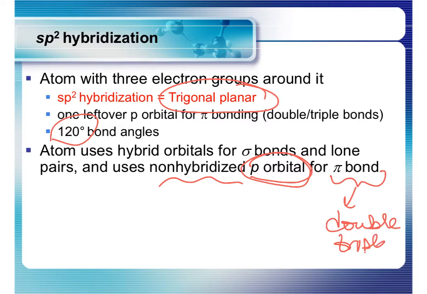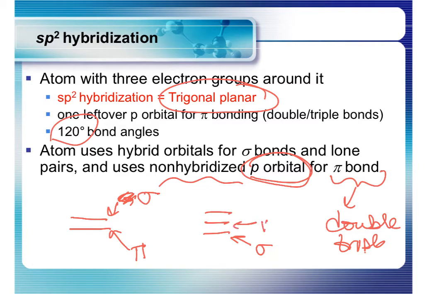Okay, so just as a quick reminder, a double bond has 1 sigma bond and 1 pi bond. And a triple bond has 1 sigma bond and 2 pi bonds. All right, so the theory is that the non-hybridized atomic p orbitals that are left over are used to make these pi bonds.